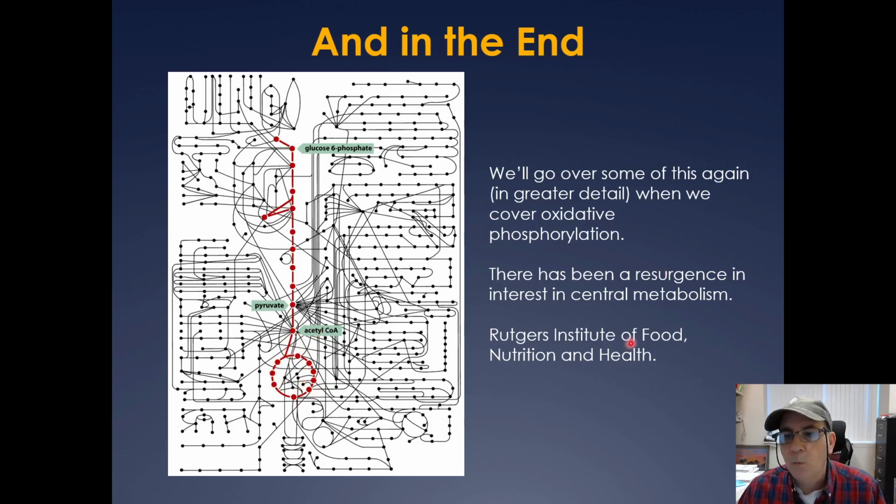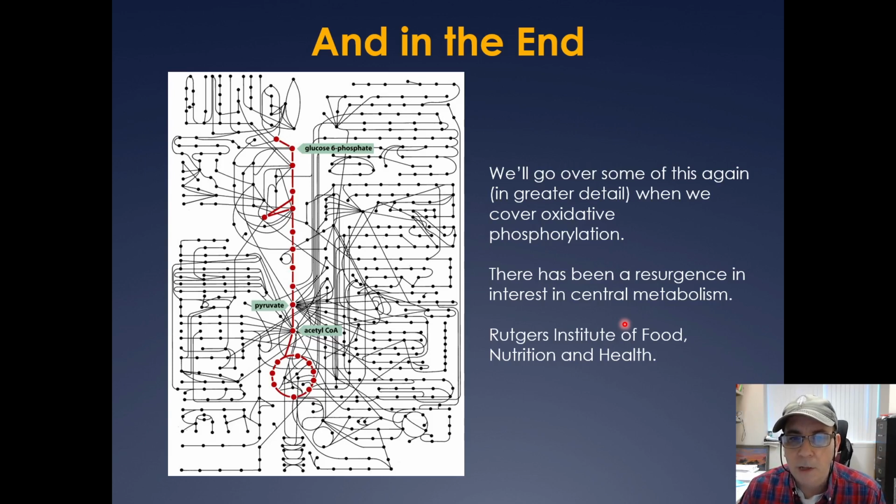Okay, and one of the things I just want to mention here is there's a huge new resurgence in the interest in central metabolism. And this course is not a course on metabolism. There are other courses available for that. But, you know, you can sort of see metabolic syndromes.